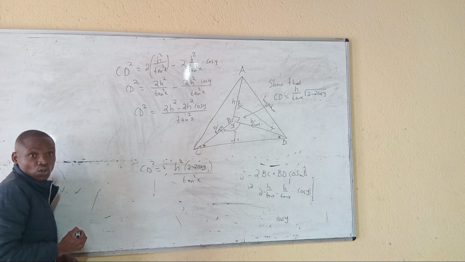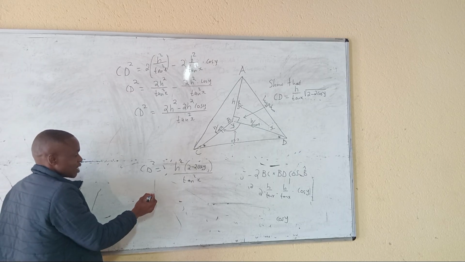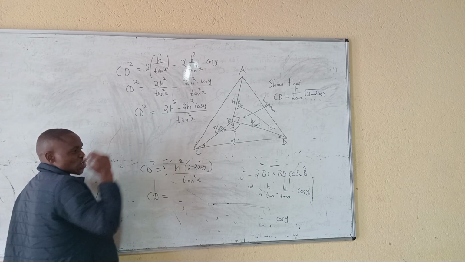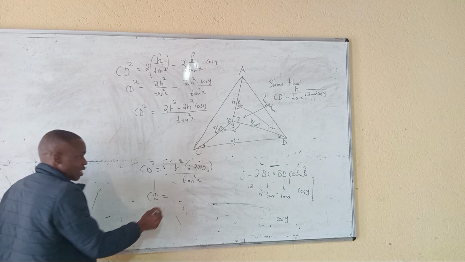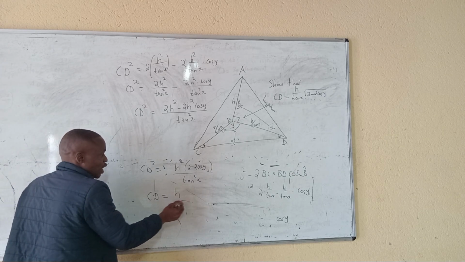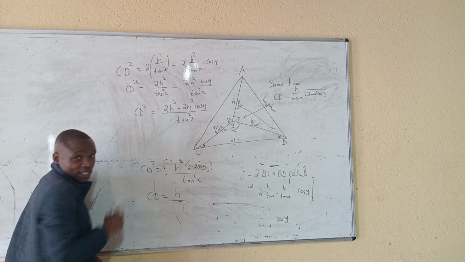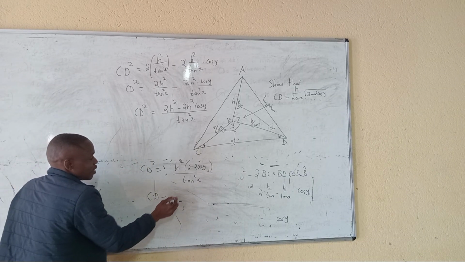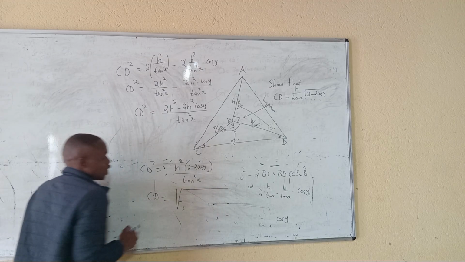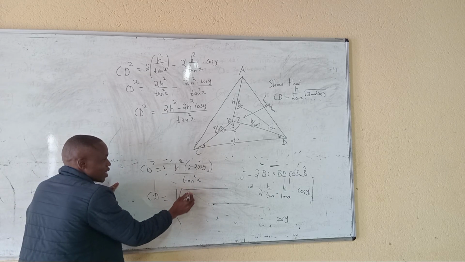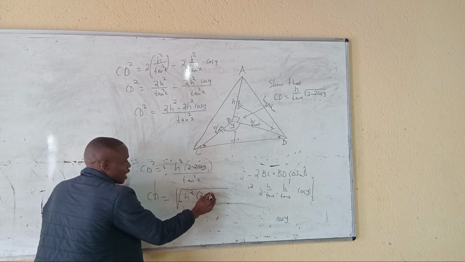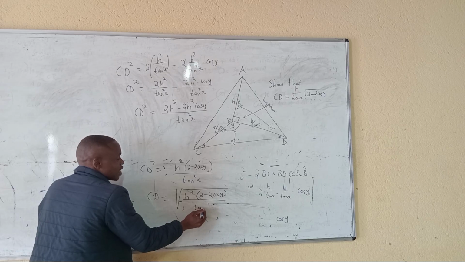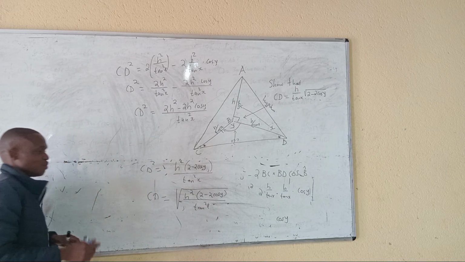Now you put the square root on both sides. CD equals, if you put H squared inside the root, it is H. Let me put the square root: H squared into 2 minus 2 cos y over tan squared x.